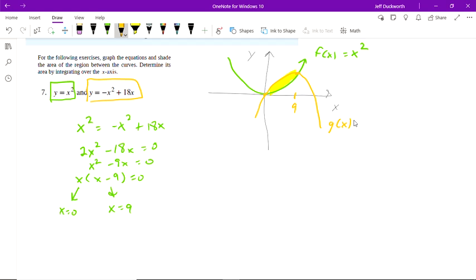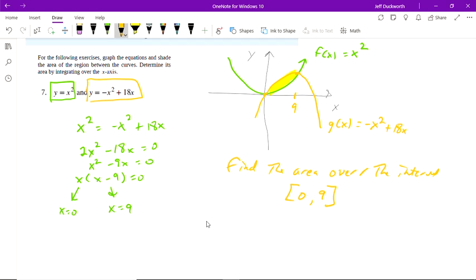Let's see, that equals negative x squared plus 18x. So we're going to want to find the area over the interval 0 to 9. Those are the x values that we're going to have.